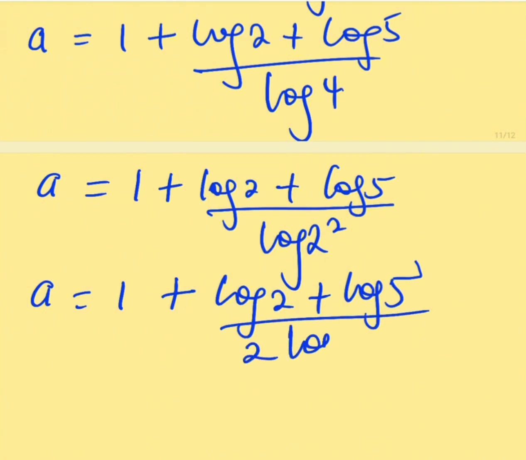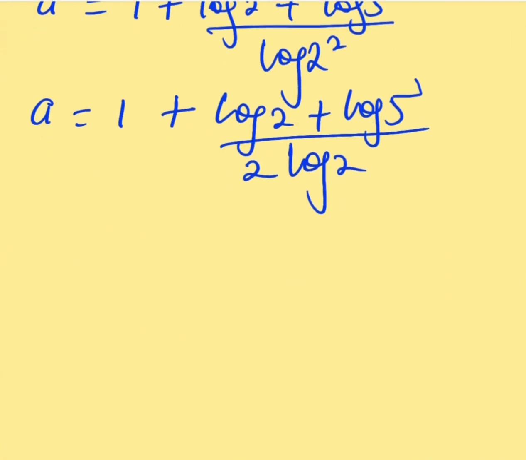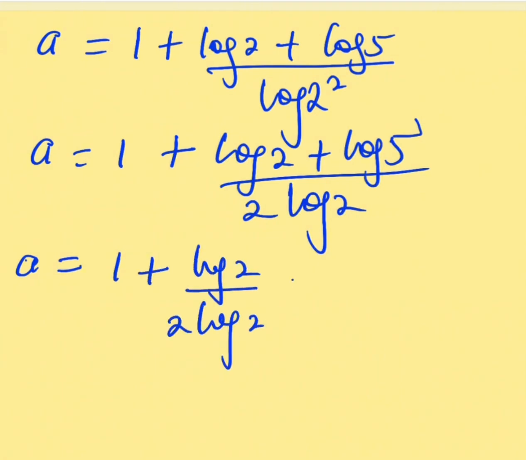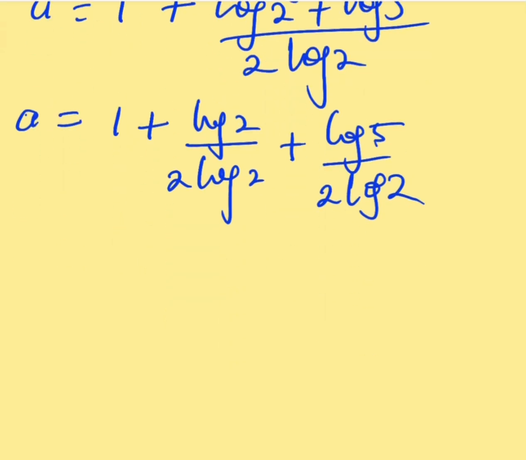This becomes 2 log 2, isn't it? So now we can still continue the breakdown by dividing both terms by 2 log 2. So we can now have a is equal to 1 plus log 2 over 2 log 2 plus log 5 over 2 log 2, right?